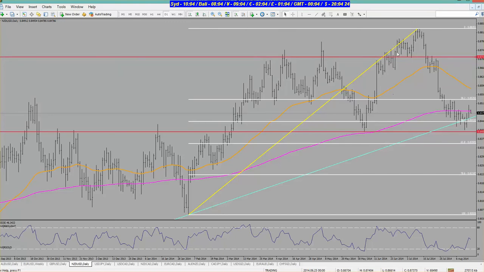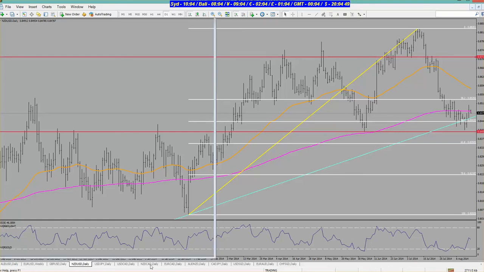This had a little false break above it, but that's where I'd be looking at it. Not as a continuation, not yet anyway. It hasn't broken this low, but came damn close to it. So I wouldn't be taking it as a trend continuation trade just yet.